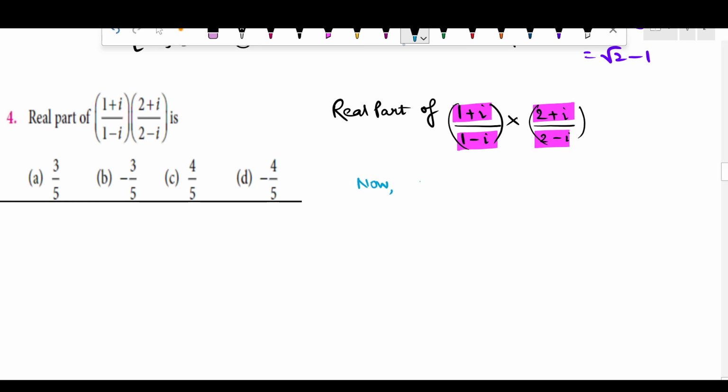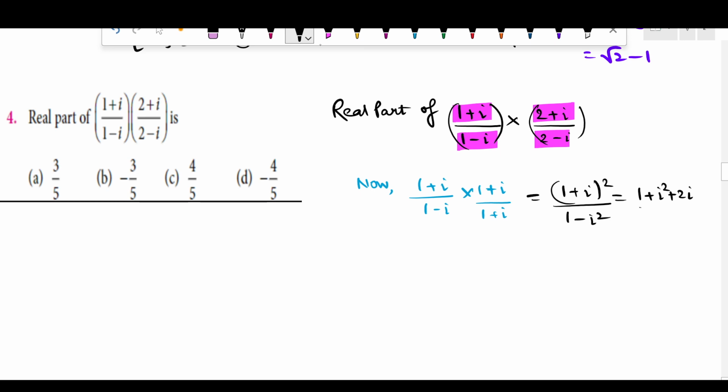See, we can rationalize this individually also, right? This will be (1 plus i) whole square upon (1 minus i square). This will be 1 plus i square plus 2i upon 1 minus minus 1.